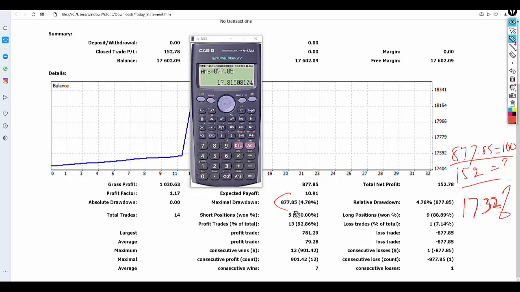We risked 877.85, and we came back with this profit. That means we returned all the 877.85 we took from our account, and this 152 is excess.